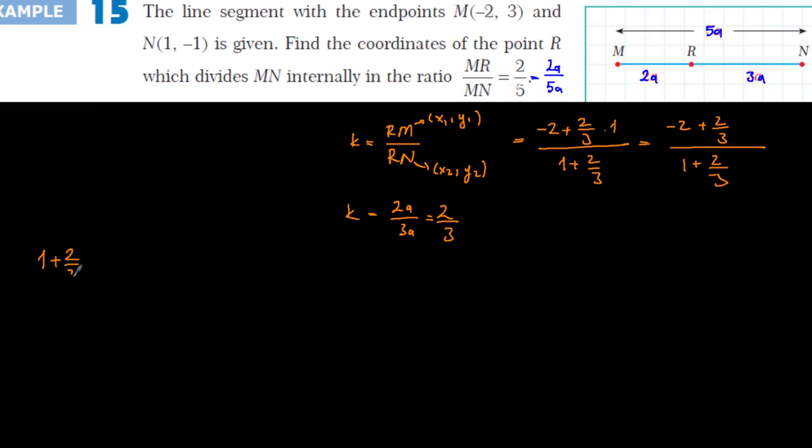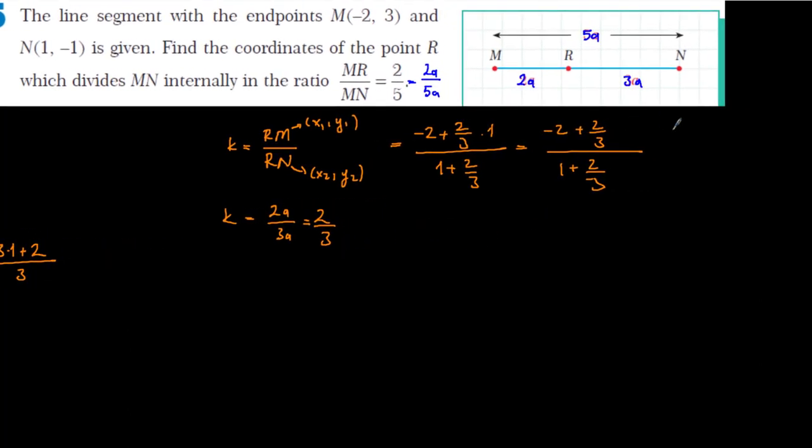Write it as 3 times 1 plus 2, all over 3, so the down part is 5 over 3, and the upper part, 3 times minus 2 is minus 6 plus 2, which is minus 4 over 3.